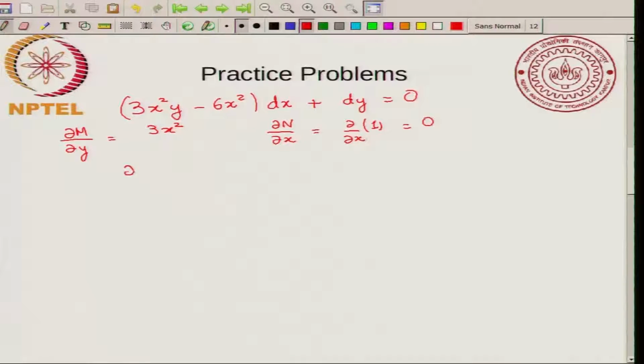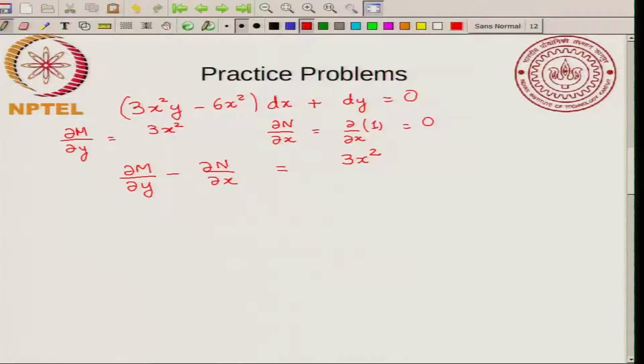Now if I take dou m by dou y minus dou n by dou x, then I find that this is equal to 3 x square, because dou n by dou x is 0.